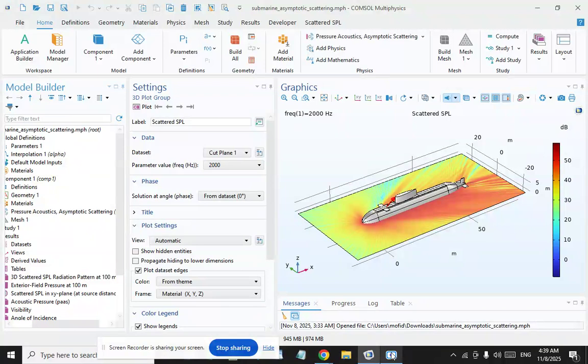We can visualize a spherical wave approaching the bow of the submarine from a distance of 1,000 meters and at an angle of phi equal to 360 degrees using the background pressure field. By the time the waves reach the submarine, they have already acquired the characteristics of plane waves in this location.